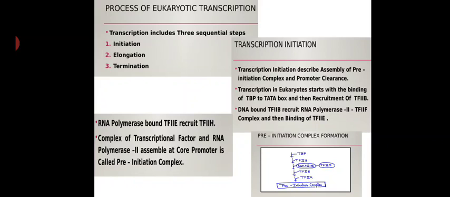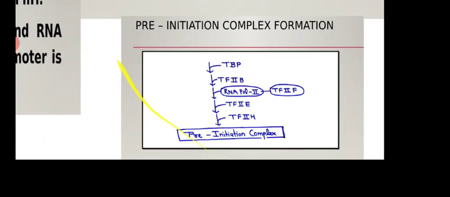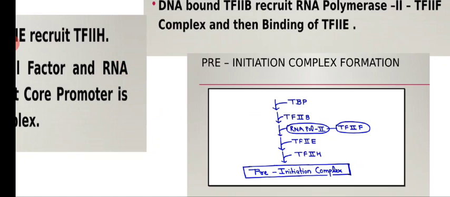The complex of transcription factors and RNA polymerase 2 assembles at the core promoter, and this is called the pre-initiation complex. Here we can see a pre-initiation complex in which TATA binding protein is first bound to the promoter site. After that, transcription factor 2B recruits RNA polymerase 2 with the help of transcription factor 2F.